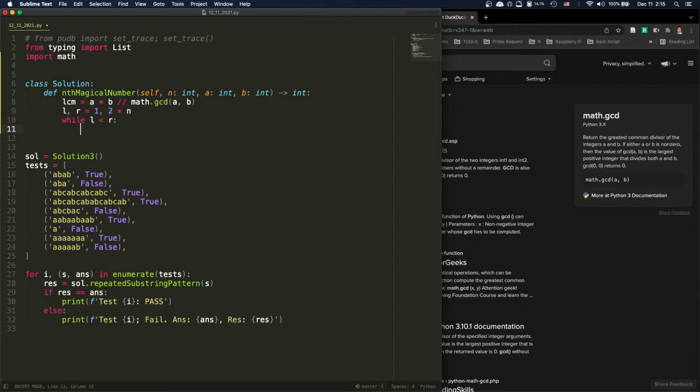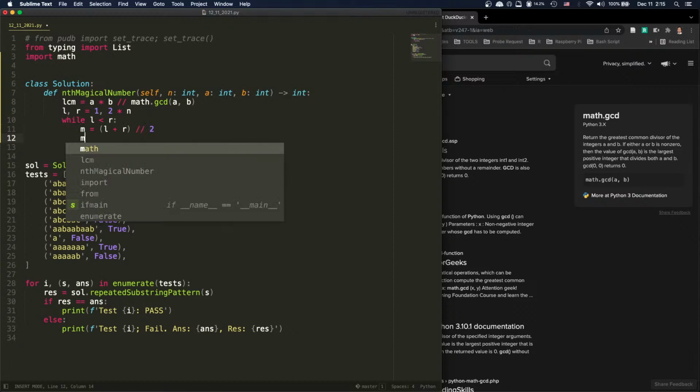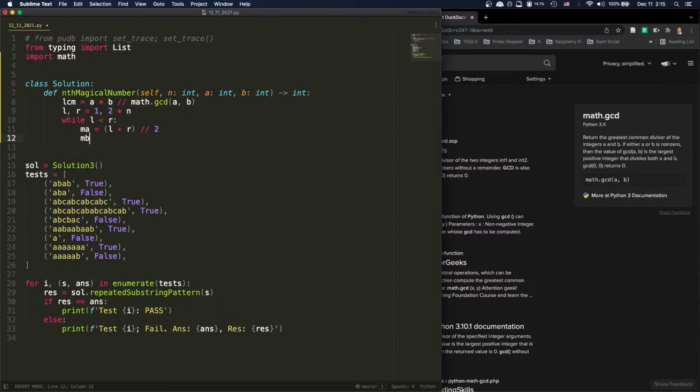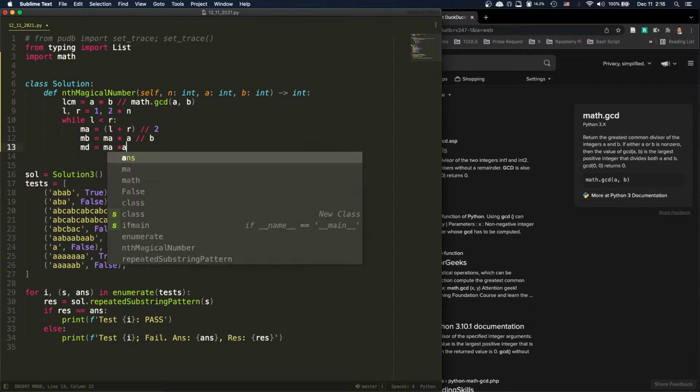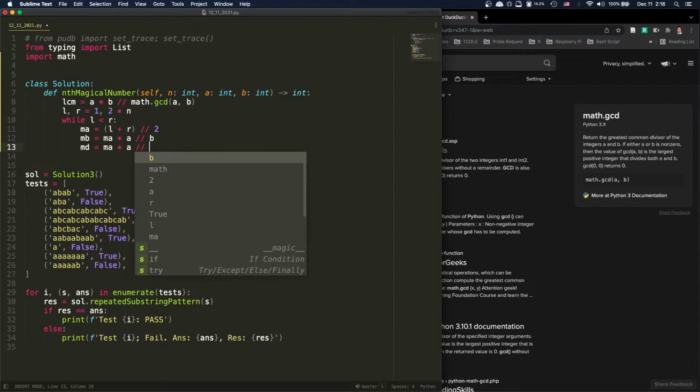And then we're going to try to find MB. Actually, we're going to say it's MA. MB will equal MA times A divided by B. MD equals MA times A divided by LCM, all right?